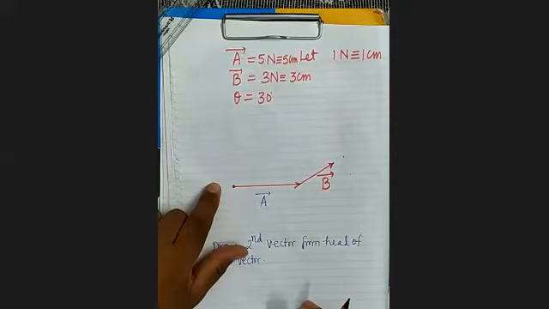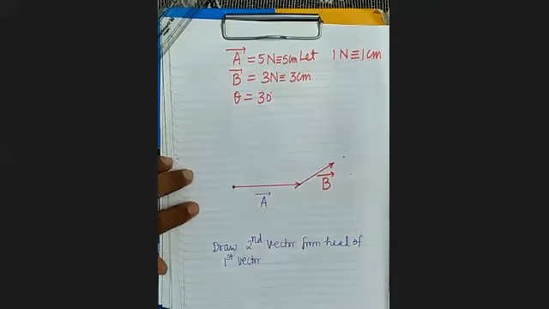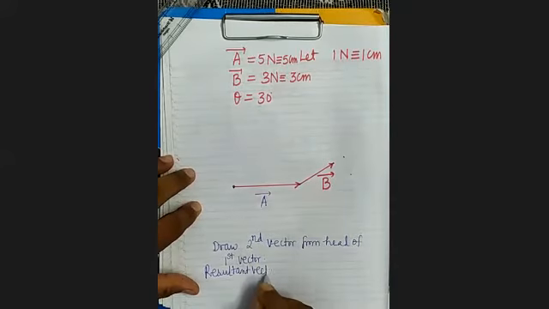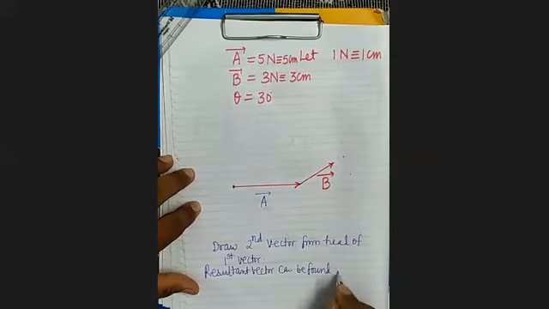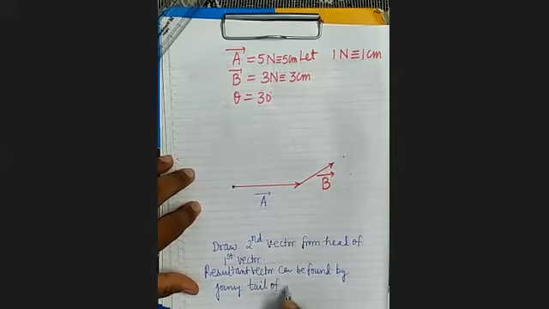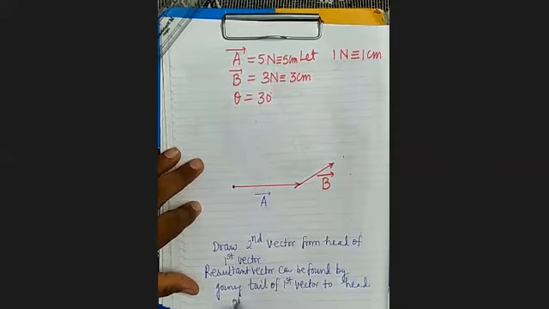So how will you get the resultant? Resultant can be obtained by joining tail of first vector to the head of last vector. Resultant vector can be found by joining tail of first vector to head of second vector.